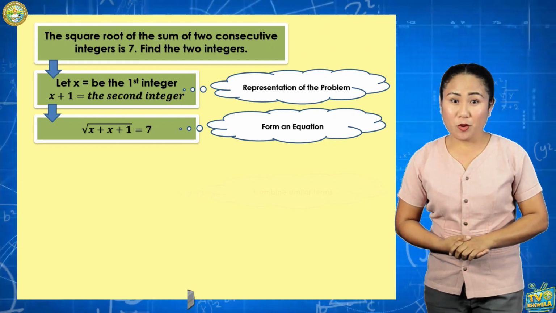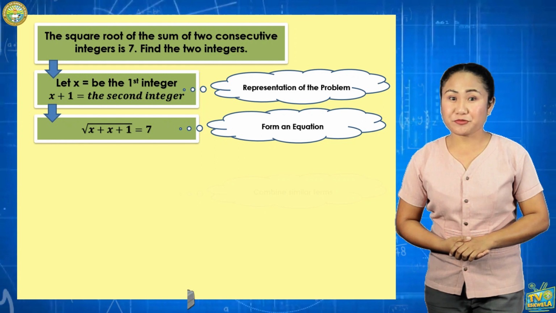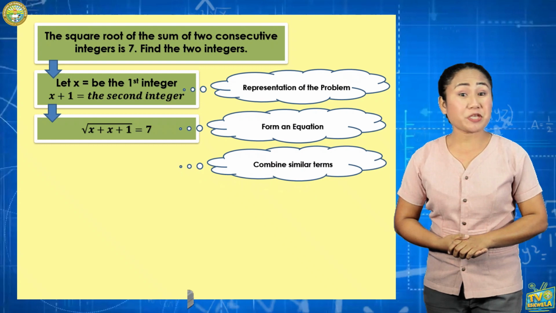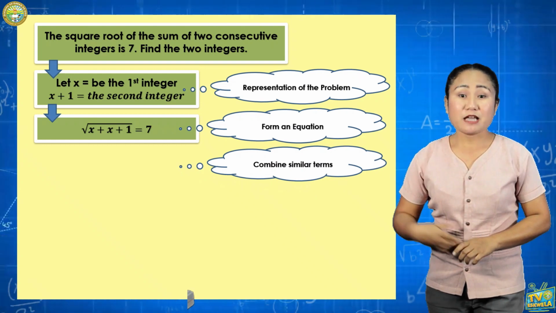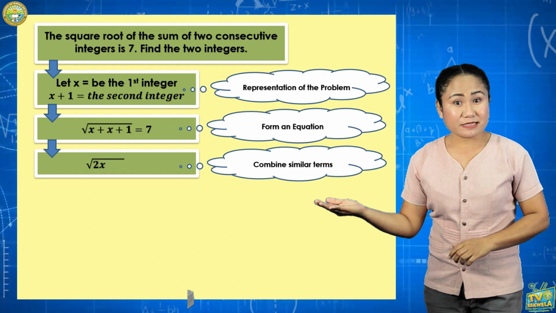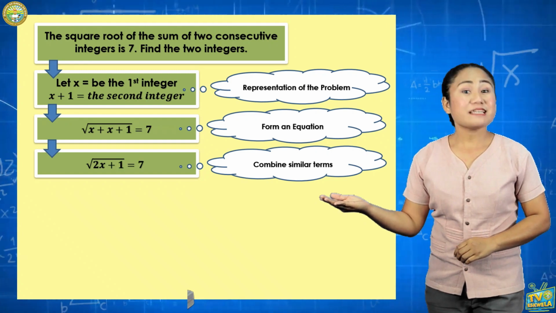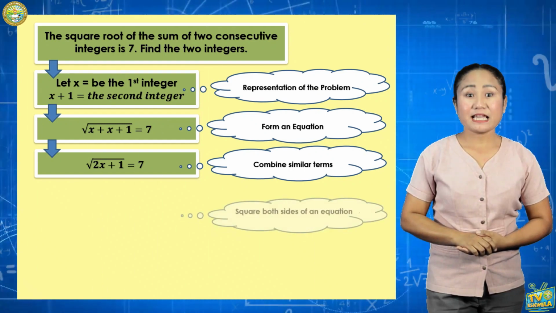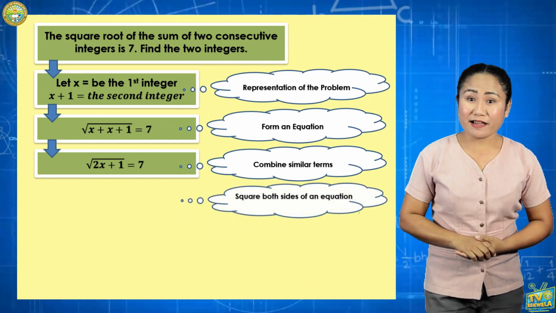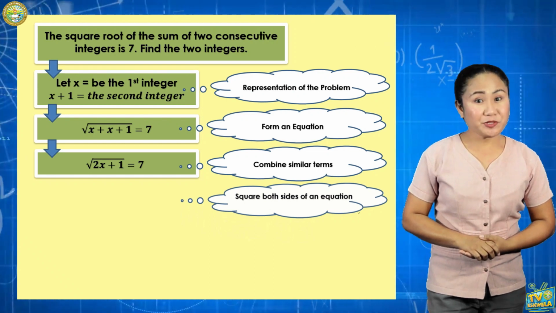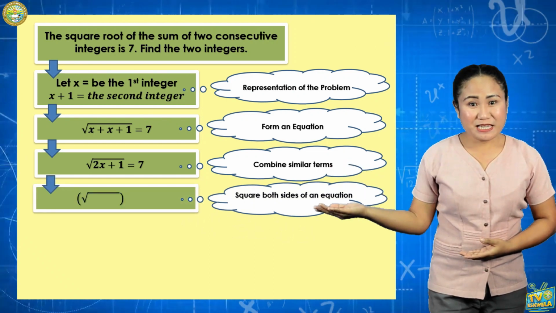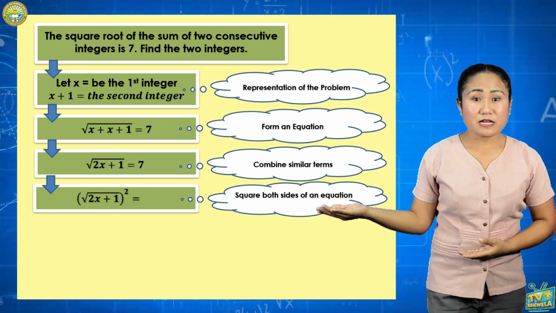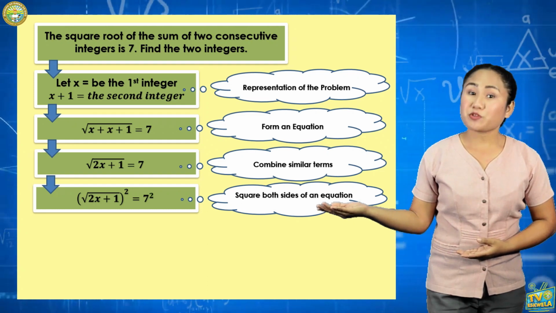After forming an equation, we will use the different rules to solve that equation. Combining similar terms leads to square root of 2x plus 1 equals 7. Then, square both sides of the equation. That will be the quantity square root of 2x plus 1 squared equals 7 squared.